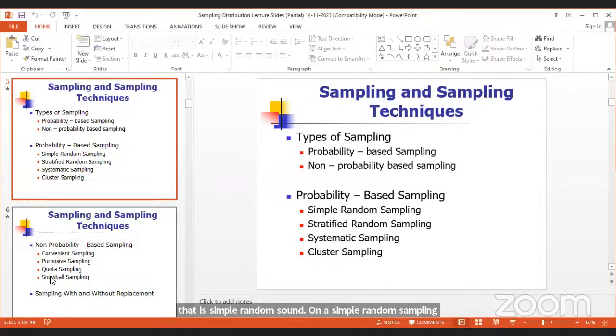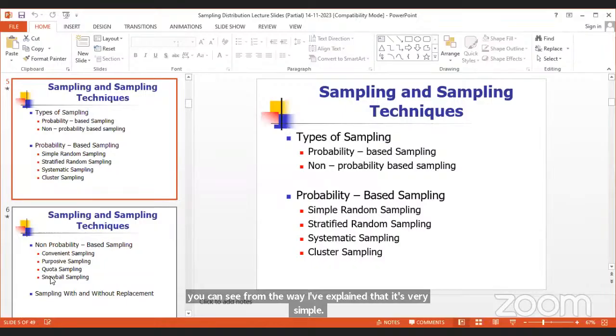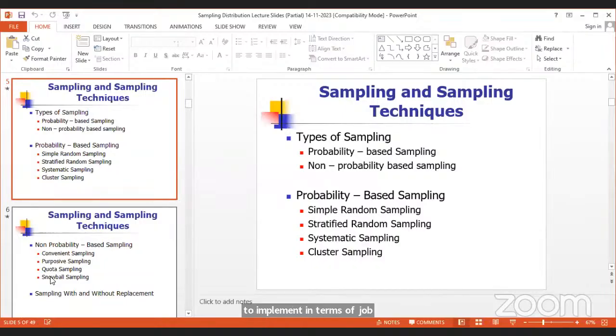So you can see from the way I've explained it that it's very simple to implement in terms of the advantage. In fact, it can be very cheap because you don't need any special skill to do the selection.